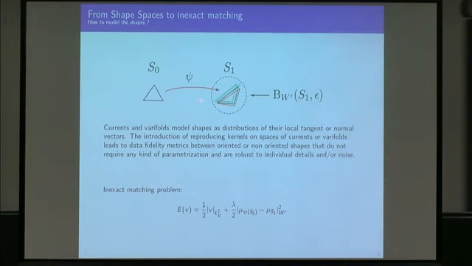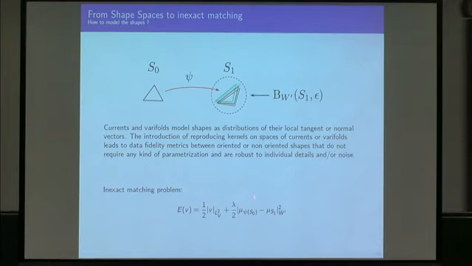For this, currents and varifolds answer both to how to deal with parametrization invariance, and provide a metric to quantify what I denote the ball around the target. So a metric that locally quantifies the neighborhood of my target.